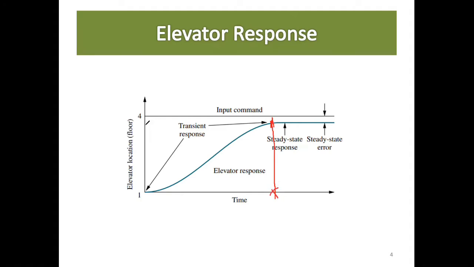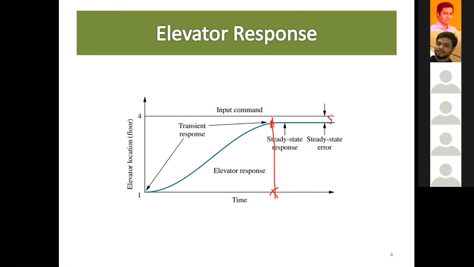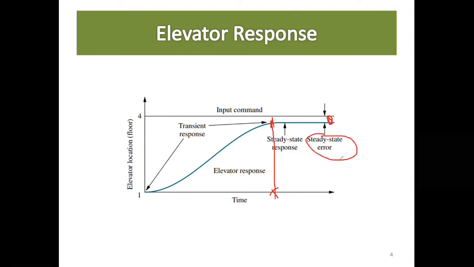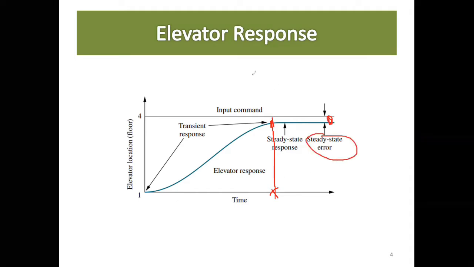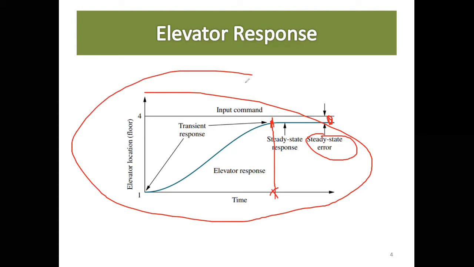Here is a gap. This gap is known as the steady state error. So this is the response curve, the elevator response curve. The full curve is the elevator response curve.